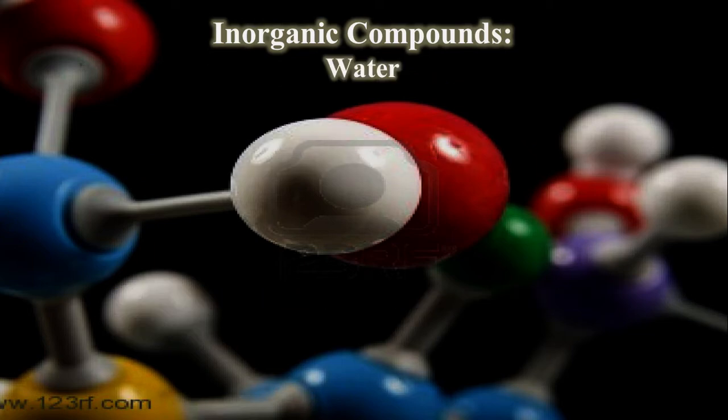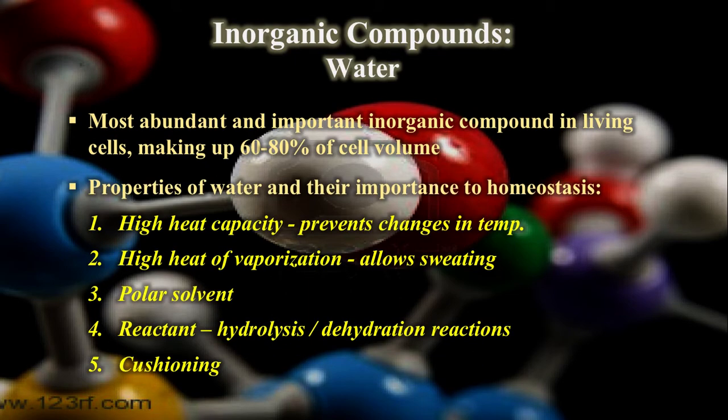Okay? So, we're going to start with the most important inorganic compound for you, which is water. Okay? So water is the most abundant and most important inorganic compound for living things. You are between 60 and 80% water.